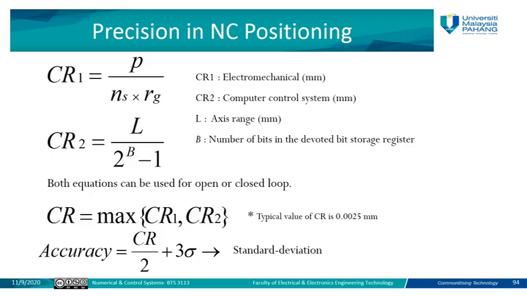The control resolution for the electromechanical part, meaning the part related to the rotational part, which is the motor, the shaft, or the lead screw, and which is also involved with the coupling to the motor shaft.